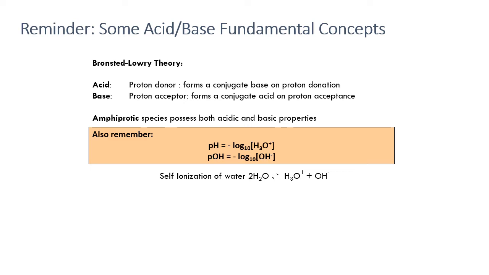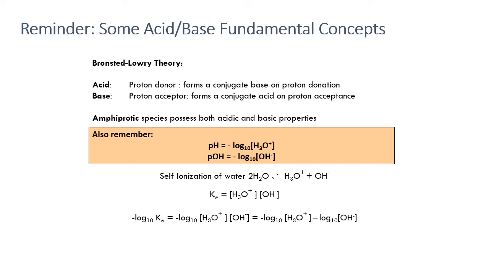We also discussed self-ionization of water in Chem 1820. So we see where two molecules of water are involved, and we see the production of hydronium ions and hydroxide ions. The Kw, or the equilibrium constant related to this, tells us that it's equal to the hydronium concentration times the hydroxide ion concentration.